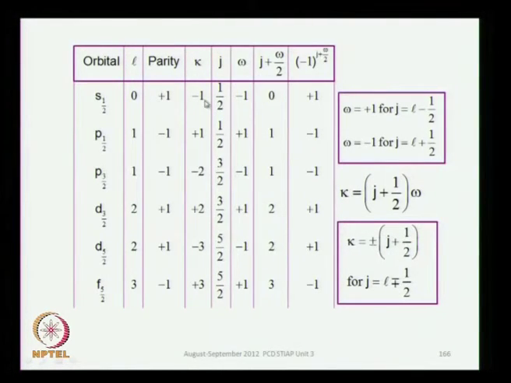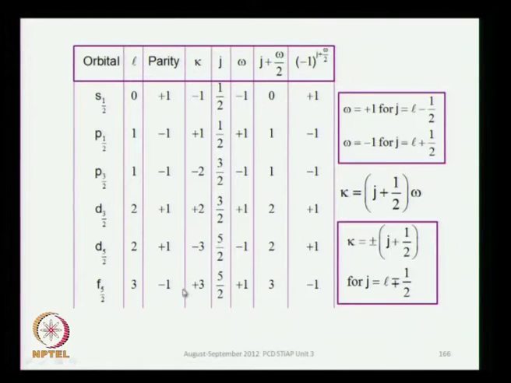So, kappa will go as minus 1 for s 1/2, plus 1 for p 1/2, minus 2 for p 3/2, plus 2 for d 3/2 and so on. So, these are the quantum numbers that you are going to see in relativistic atomic physics.